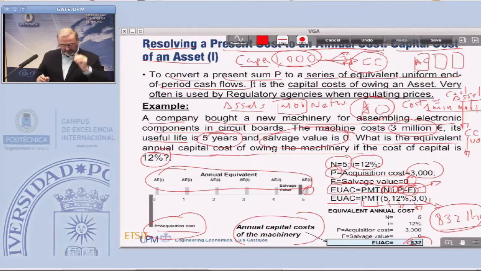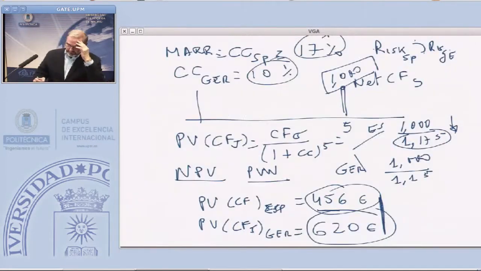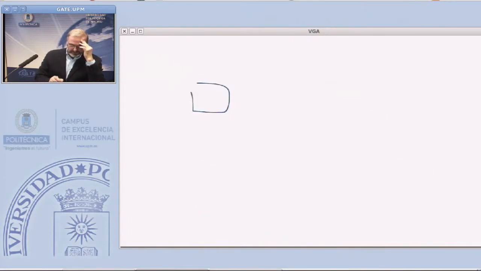So let me explain what is the use of that. You have bought a machine for 3 million euros. Then you are producing, for example, 10 million printed circuit boards.